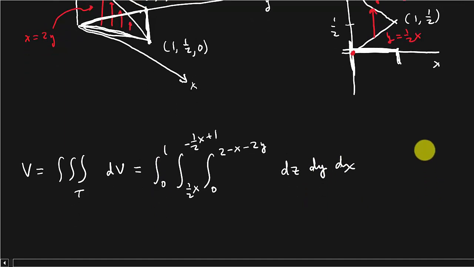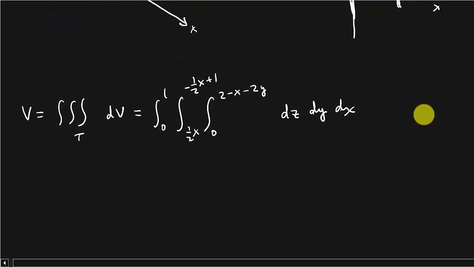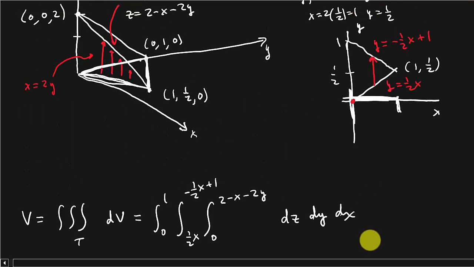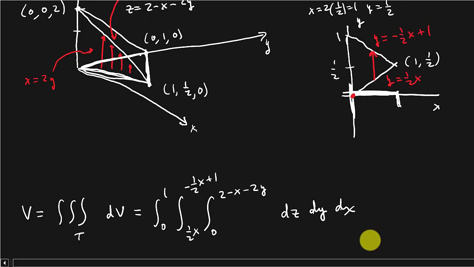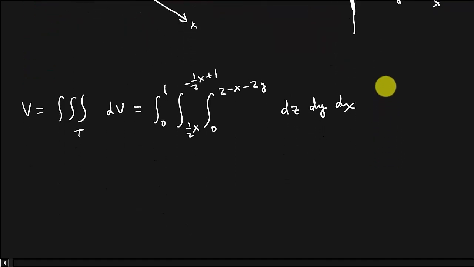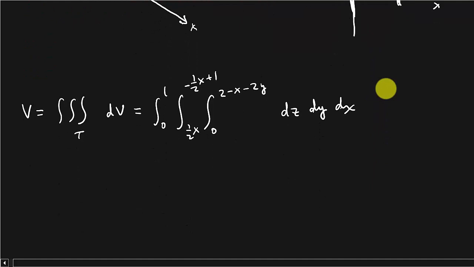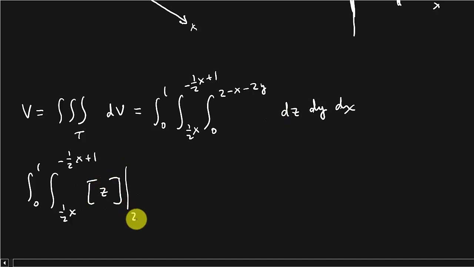I'm not going to go through and work this one out. The main thing here was setting it up. That's what I wanted to get across to you on this one. So if I integrate 1 with respect to z, that is going to be z, from z equals 0 to z equals 2 minus x minus 2y, dy dx.